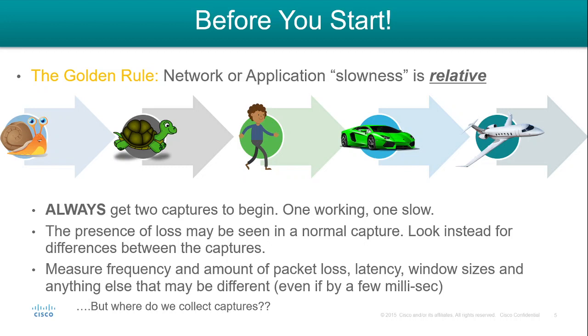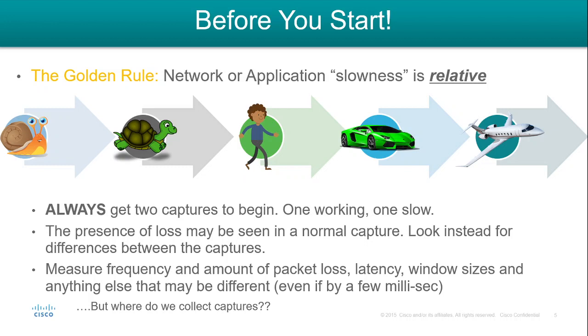One is going to be our working or our fast example. The other is going to be our broken or our slow example. And the reason for this is sometimes certain things like loss or latency might be completely expected in both cases.